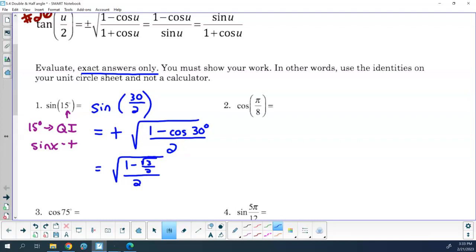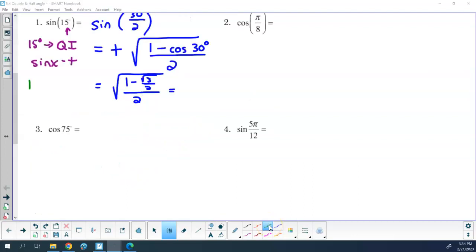Now, keep change flip tells me what I'm going to have here. I'm changing it up. I'm not going off to the side. I'm going to go right below it. So now that I've fixed that, this is all inside the square root.